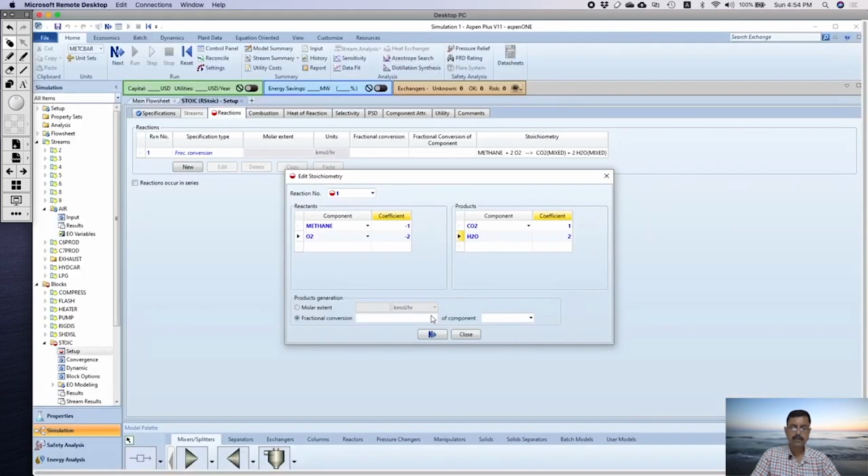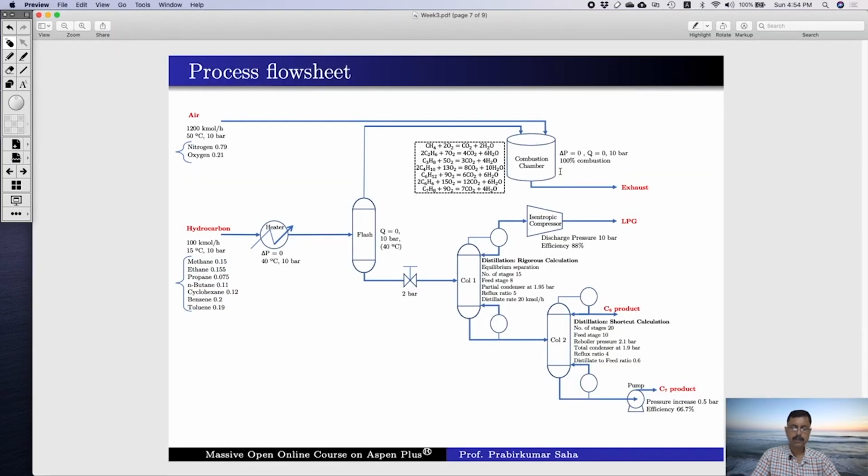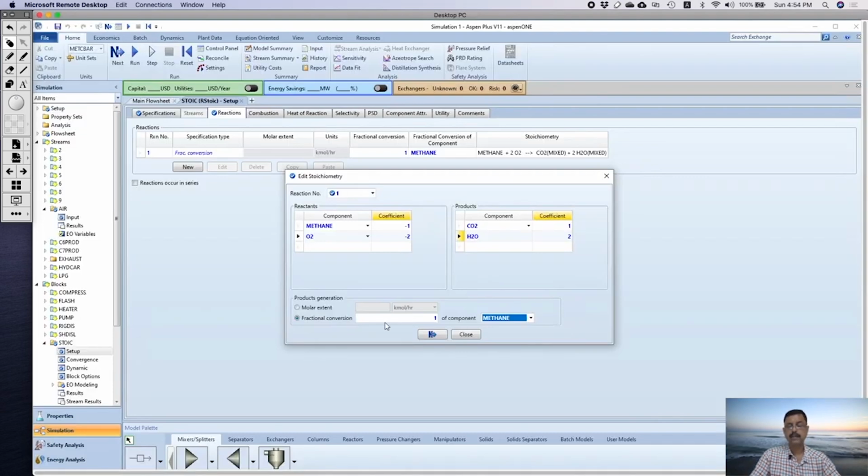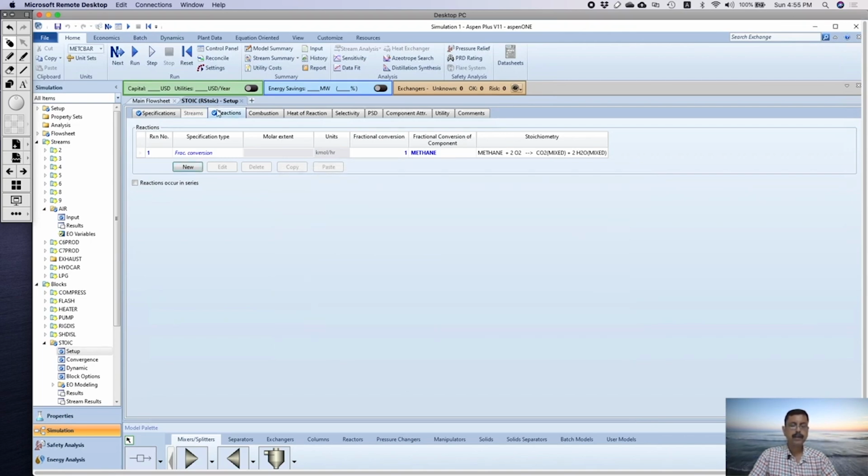And fractional conversion, that is component of CH4, methane, is 1 because it is 100% conversion. Okay, it is 100% conversion. So for each one, if it is say 60% conversion, then you have to write 0.6 of methane. So we write next. Now it is showing reaction complete because it really doesn't know whether there is any more reaction going on.